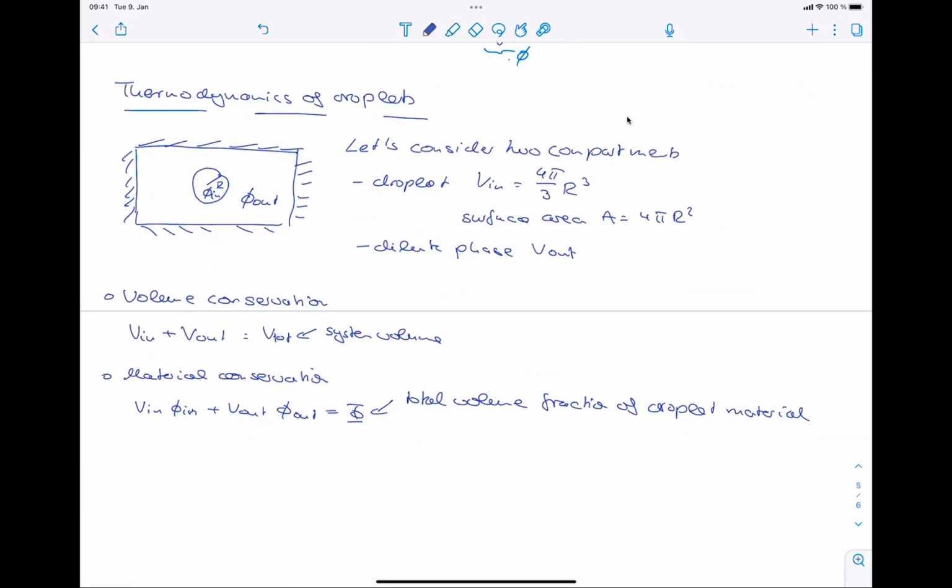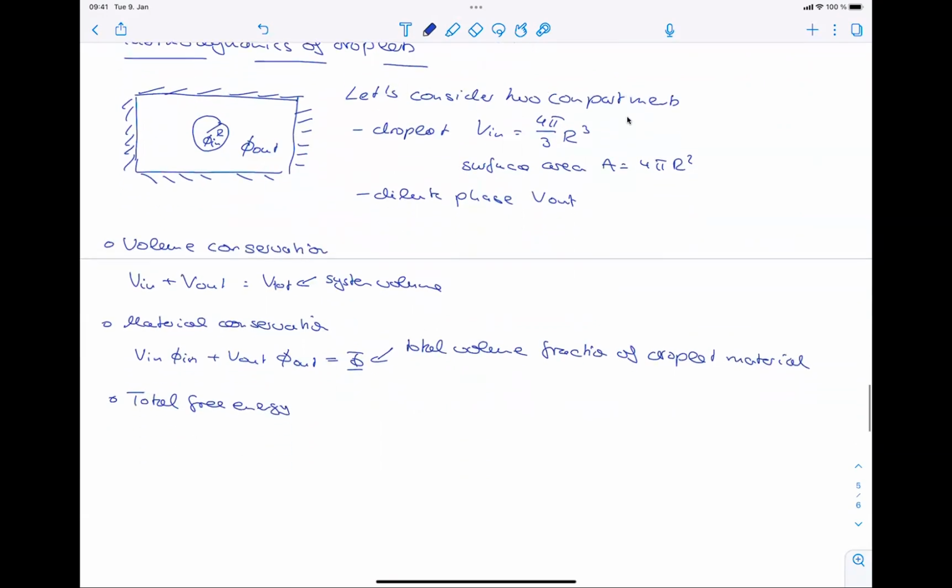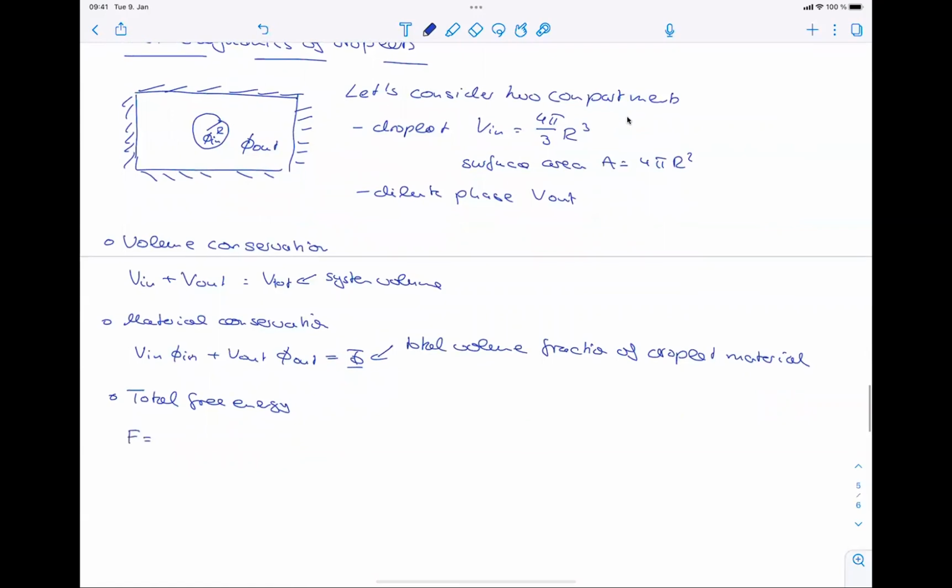And with that, if we now return to our total free energy, considering now both solvent and solute, we have the free energy of the droplet phase and the free energy of the solvent phase. And in principle, we have another energetic contribution, which is due to the surface tension. So that would be a surface energy term.